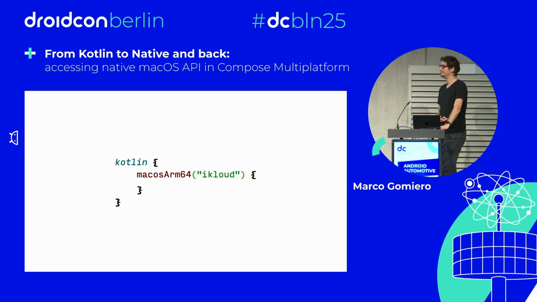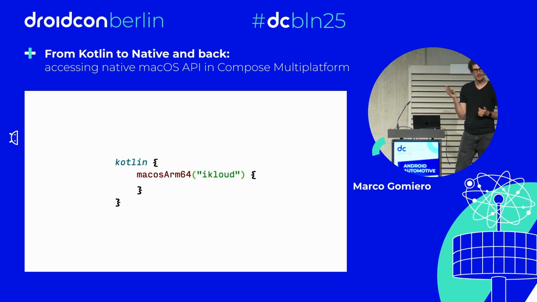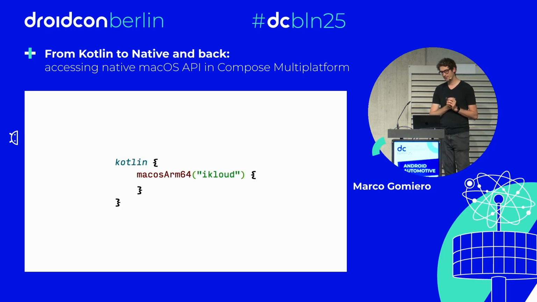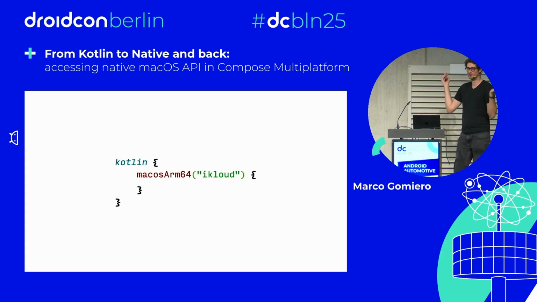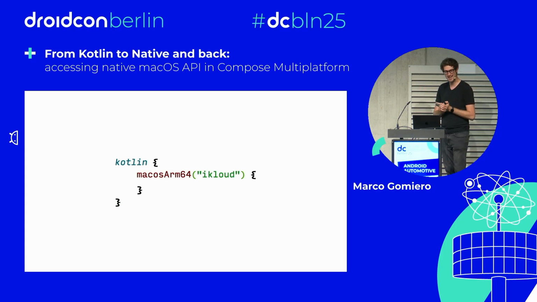So ARM64. And then you have to provide a name for the library that you're building. And of course, iCloud, Kotlin, I had to put the K in the name, otherwise it wouldn't have been a valid Kotlin library without the K.